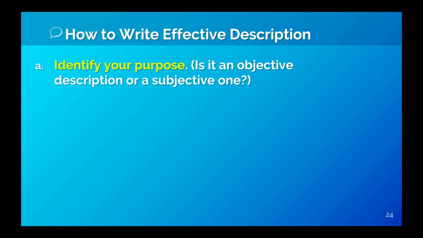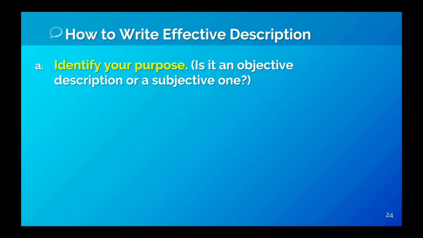First, identify your purpose. Is it an objective description or a subjective one? Meaning, are you going to describe your mother objectively? Objectively means factual based. Facts only, like age, height, hair color, skin color, anything that is verifiable, something that can be checked.